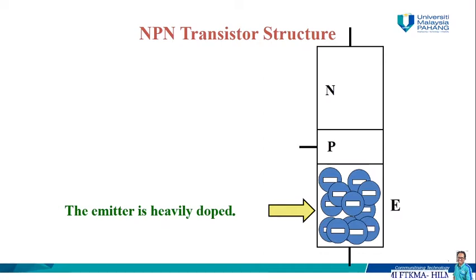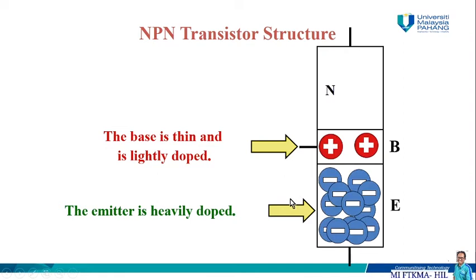If we dope with extra electrons, the semiconductor is going to have extra electrons, and therefore it will be a carrier for electrons, also called n-type. But if we dope with an element with fewer electrons, or in other words with holes, then it will be p-type.